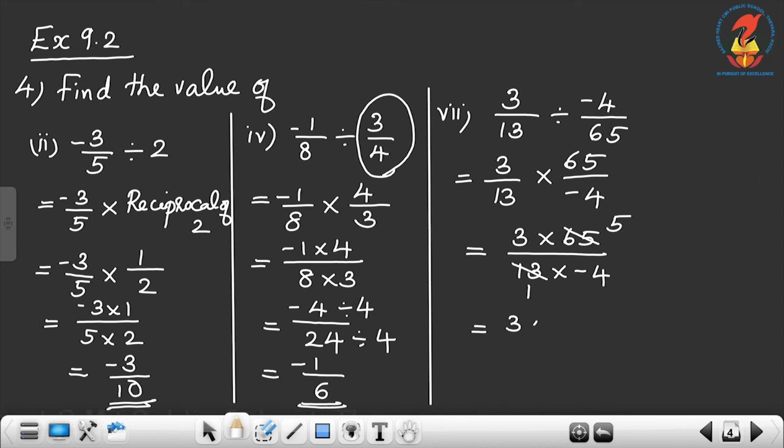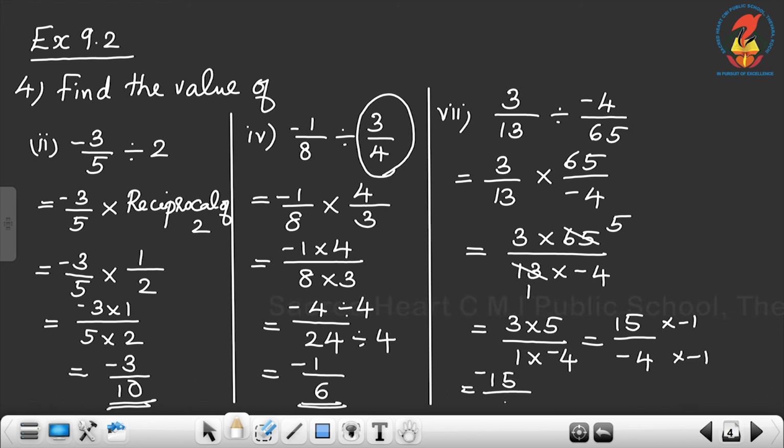Therefore, 3 into 5 by 1 into negative 4. So, 3 5s are 15, 15 by negative 4. Now, we have to write it in the standard form. So, make the denominator positive. You have to multiply both the numerator and denominator by negative 1. So, we will get the answer as negative 15 by 4.